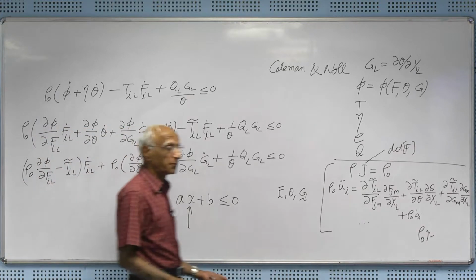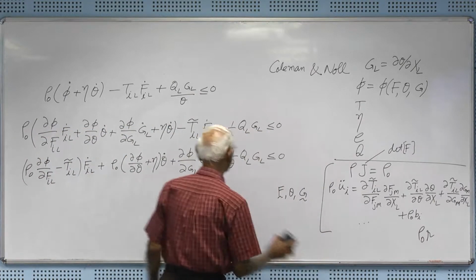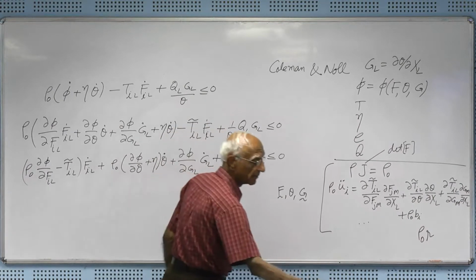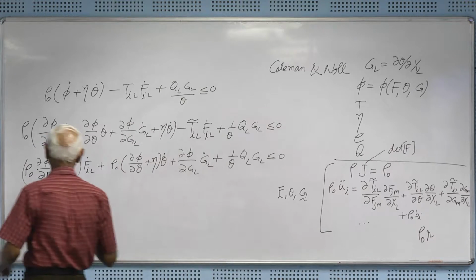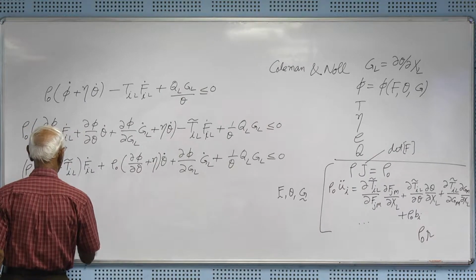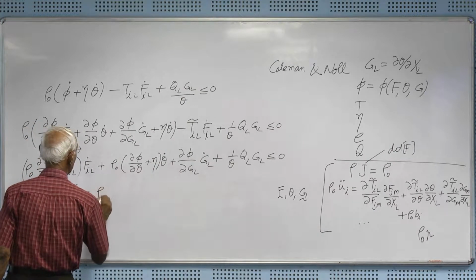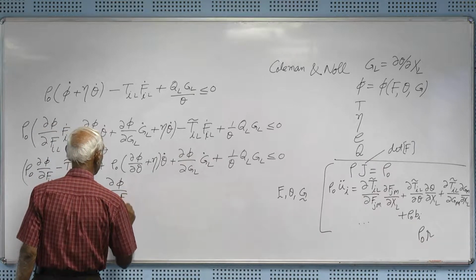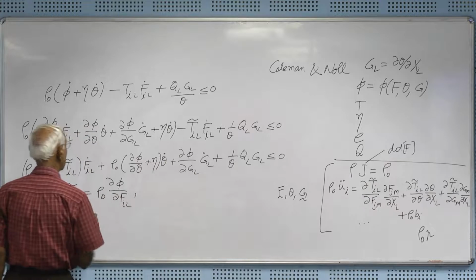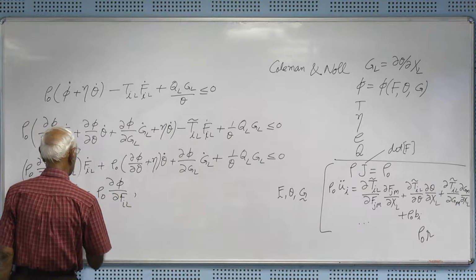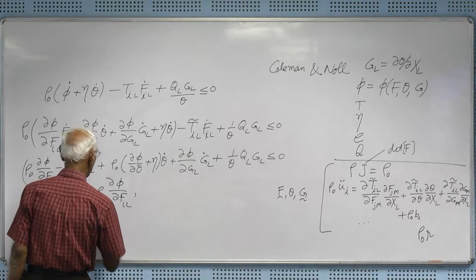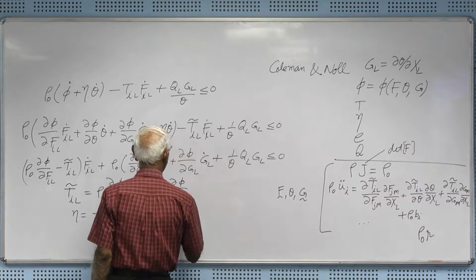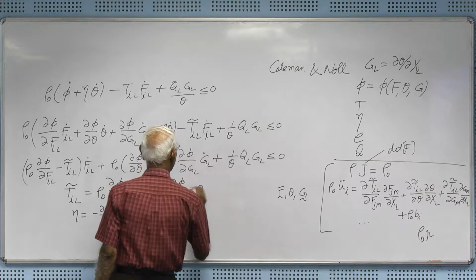So if you agree with that, then we get T_IL tilde equal to rho 0 delta phi over delta F_IL, and eta equal to minus delta phi over delta theta, and delta phi over delta G_L must be 0.